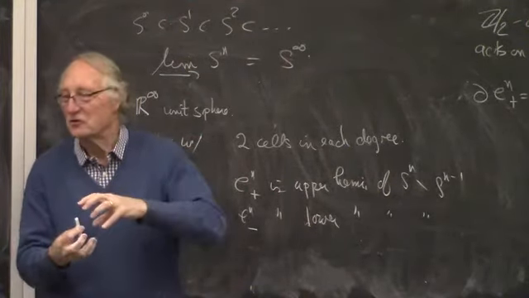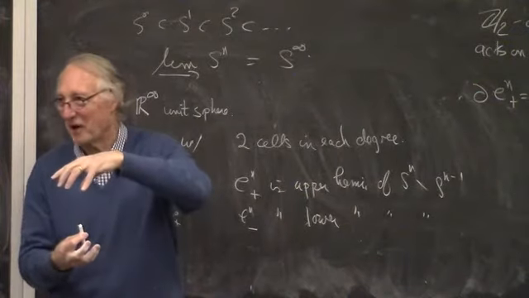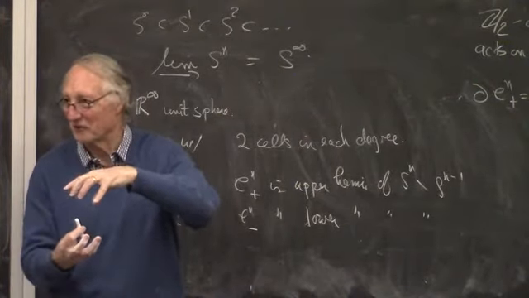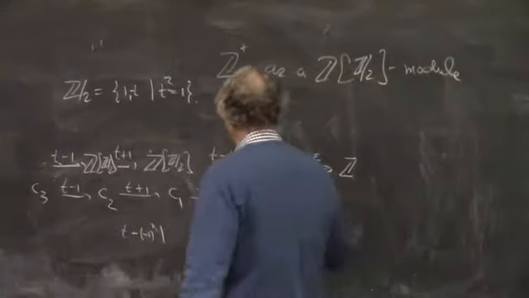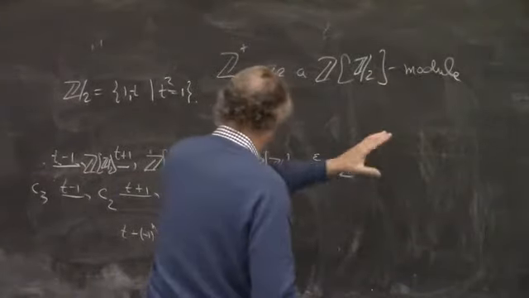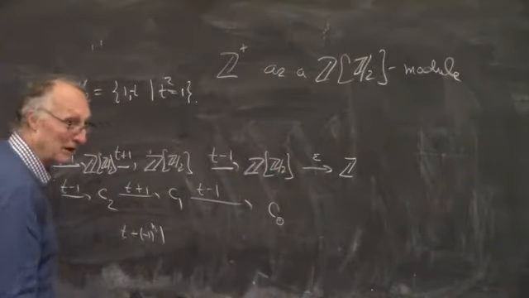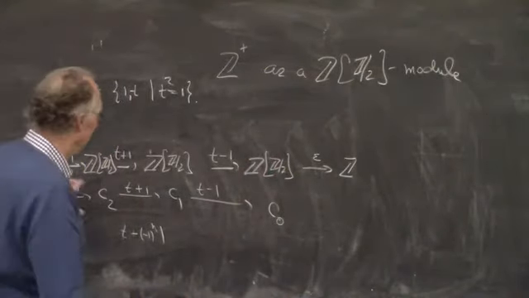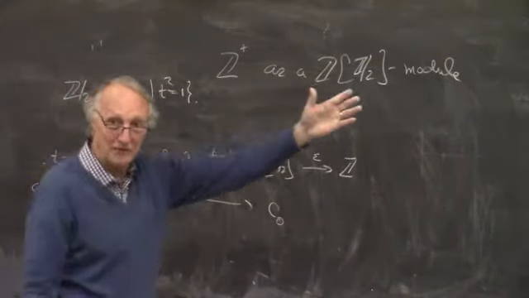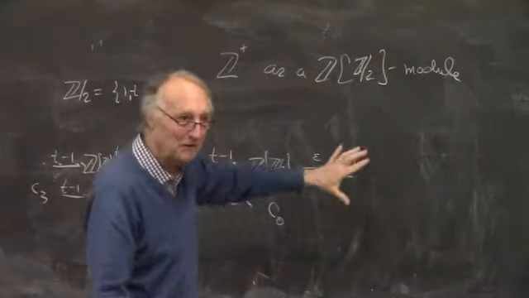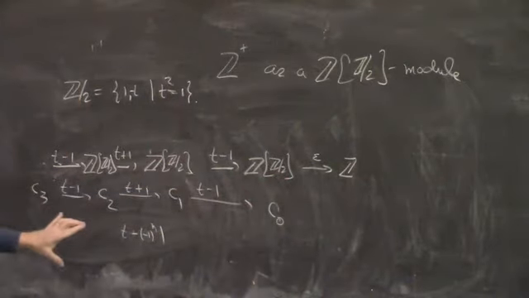Now, you have to choose a basis. You have to say, well, you're going to use the upper hemisphere or the lower hemisphere as your basis. But if we always use the upper hemisphere, that gives an isomorphism between the CW chains and this projective resolution, this free resolution, and these are the boundary maps. So this picture of the cell complex is a picture of this resolution.